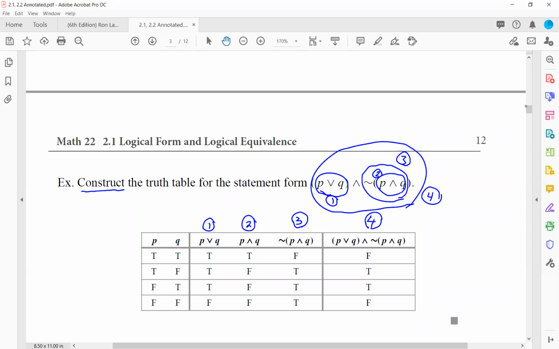Okay, step by step, we form the truth table for each of these compound statements. True or true, true. True or false, true. False or true, true. False or false, false. So take a look at the P or Q table.